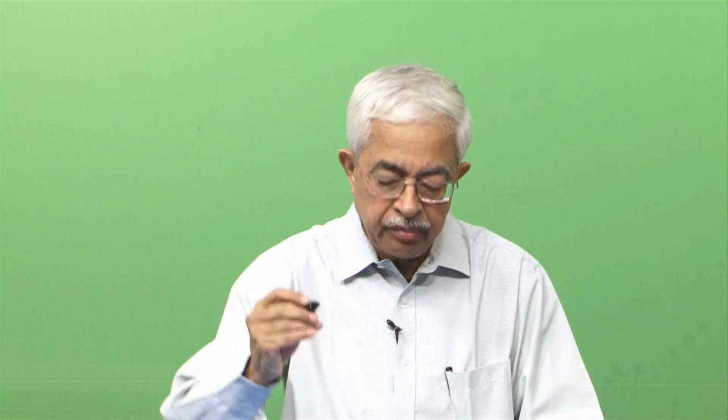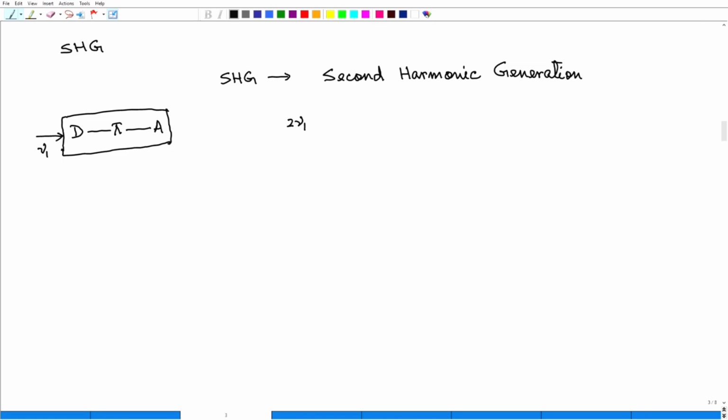Okay. So, how do we measure third order NLO activity? It is measured by another term I am using, TPA. TPA means two photon absorption.